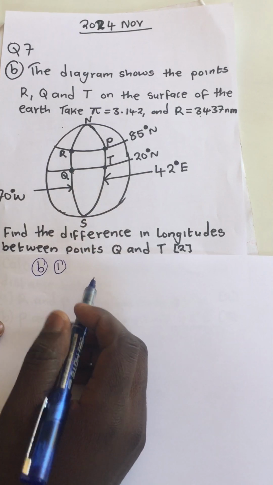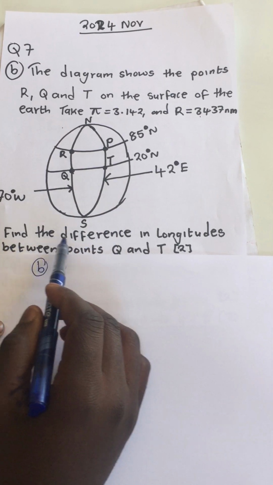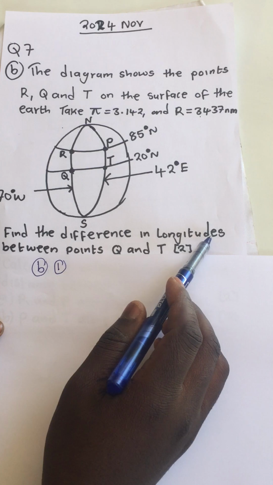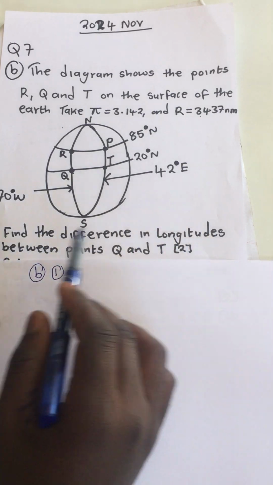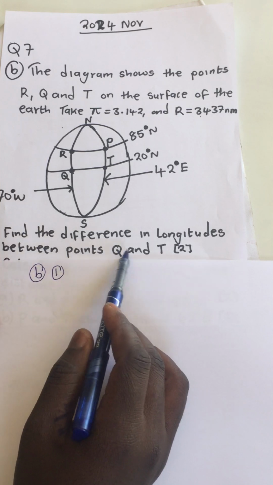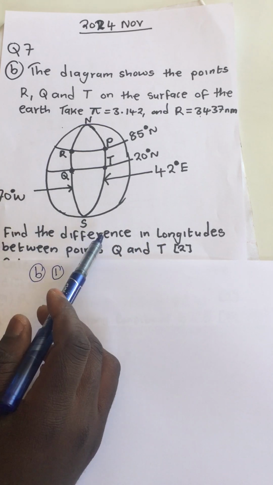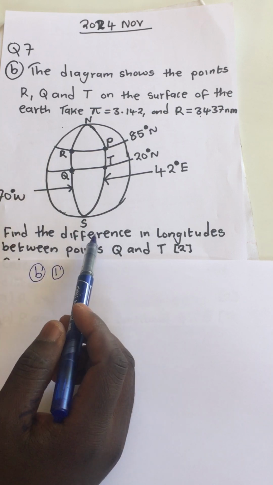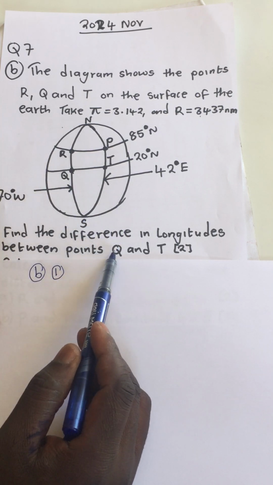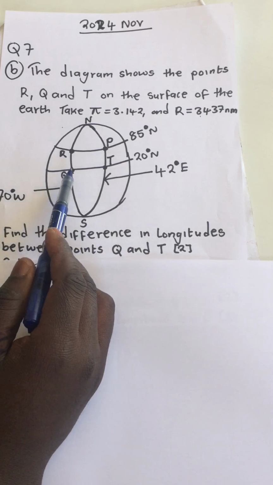So B1 says find the difference in longitudes between points Q and T. So they want you to find the difference in longitudes between which points? Point Q and T. Where is point Q?